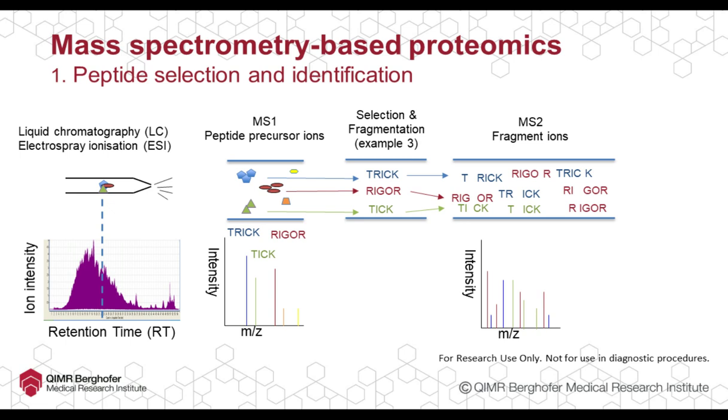So there's a little bit of stochastic selection of peptides which eventually get fragmented and identified. So there is one set of variability in terms of protein identification and peptide identification. One should consider that not all peptides are being fragmented during the mass spec.